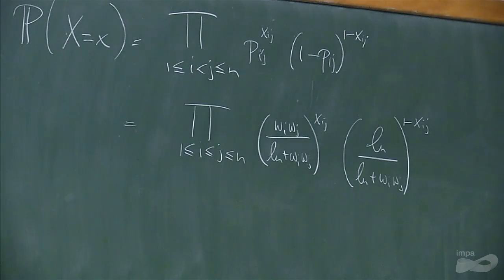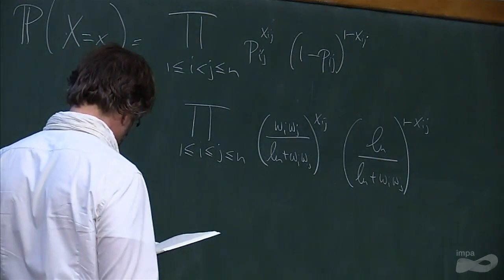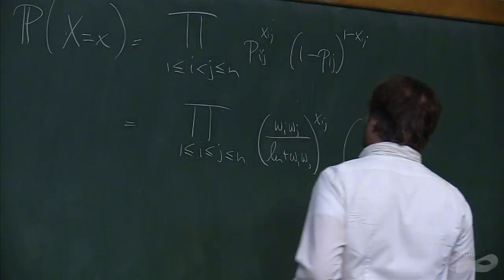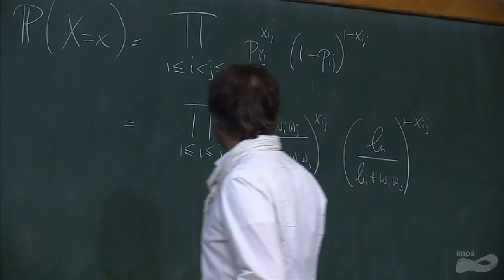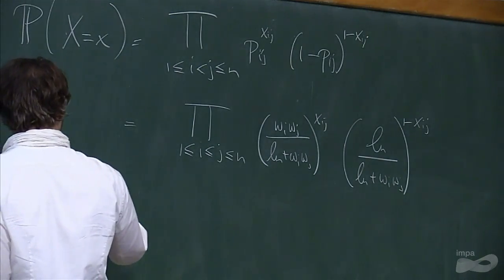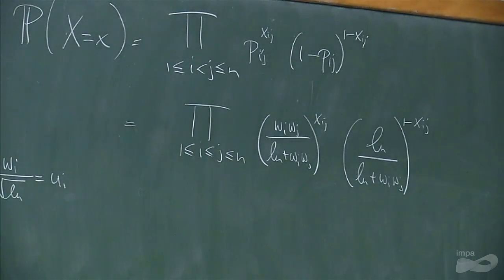Okay? All right. It's actually useful to replace Wi over square root of Ln by Ui.